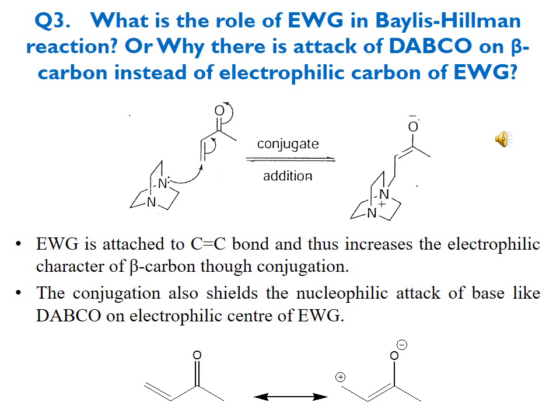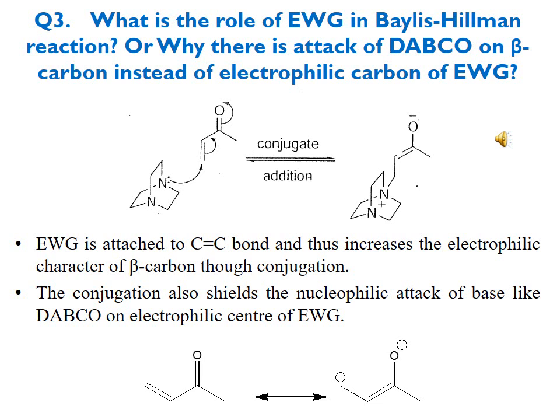Here you can see the reaction in which nitrogen of DABCO with its lone pair is attacking on the beta carbon of alkene instead of the carbonyl carbon of the ketonic group. So the question is why the attack is on this beta carbon, not on carbonyl carbon.